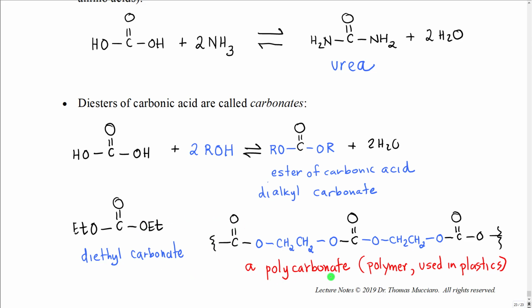These are called polycarbonates, and this is a type of what we call a polymer, and it's used in plastic. In fact, the see-through plastic water bottles are actually made up of polycarbonate.